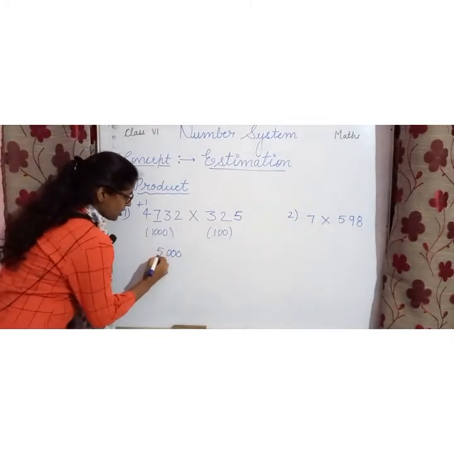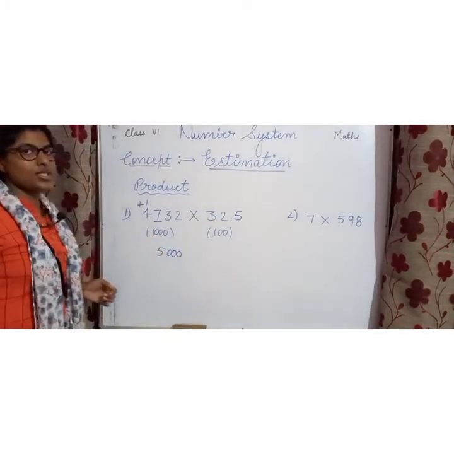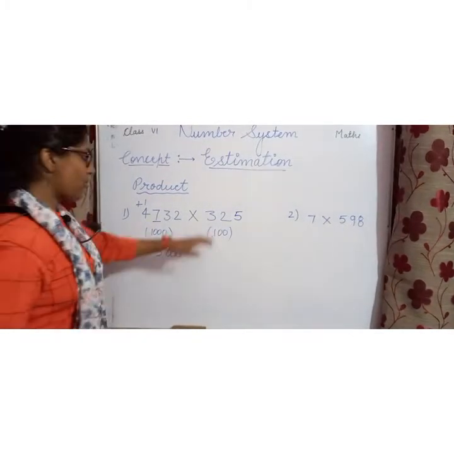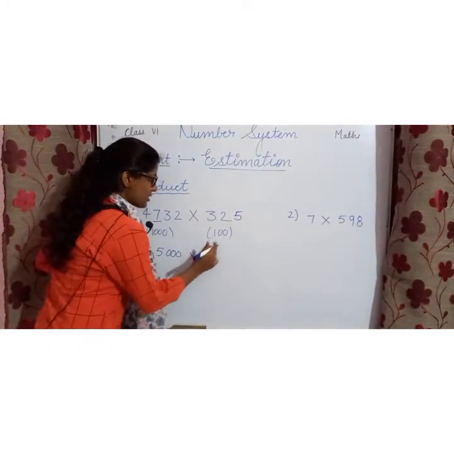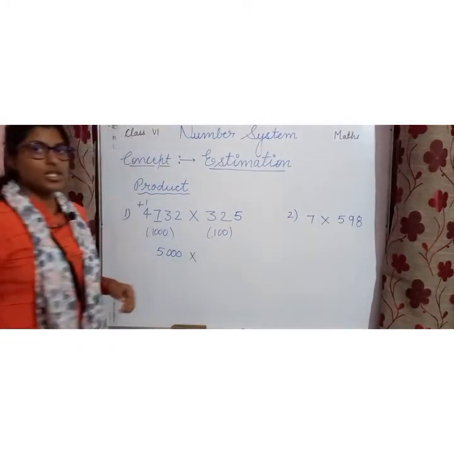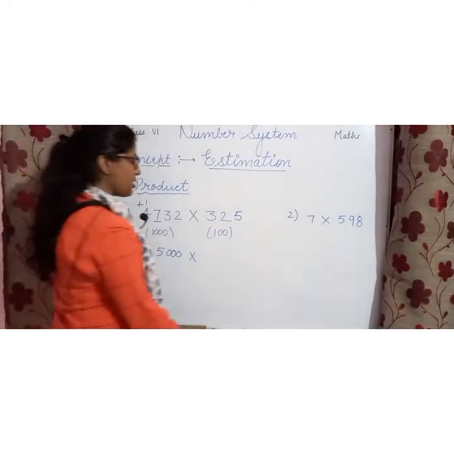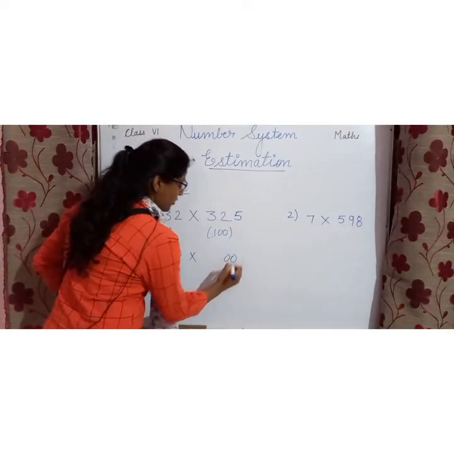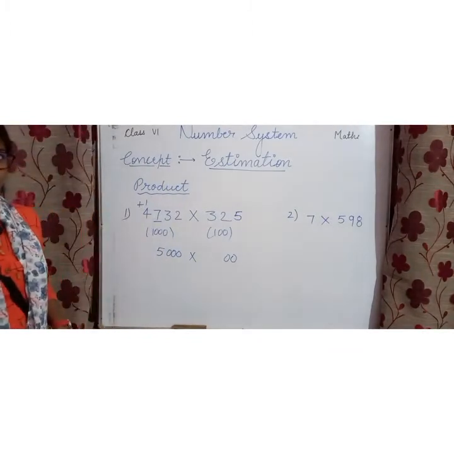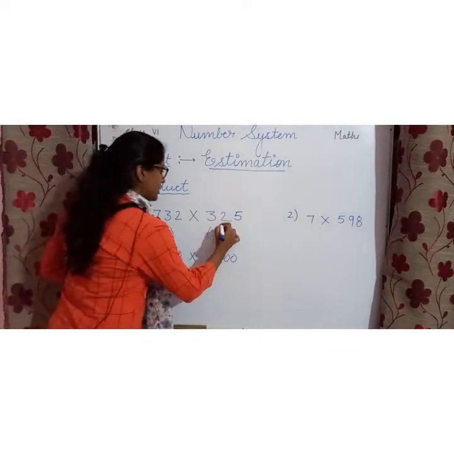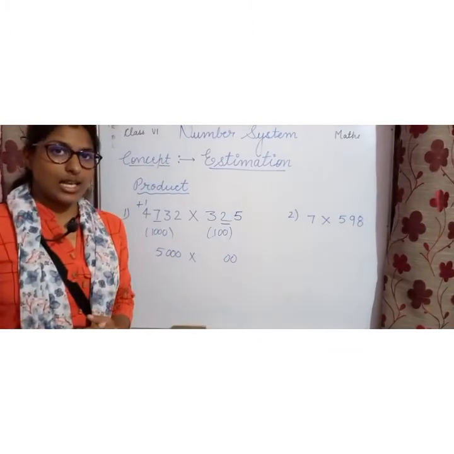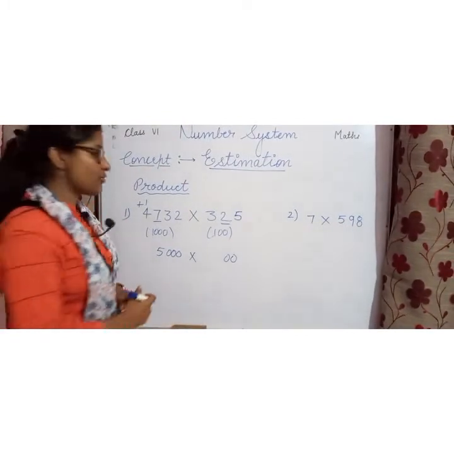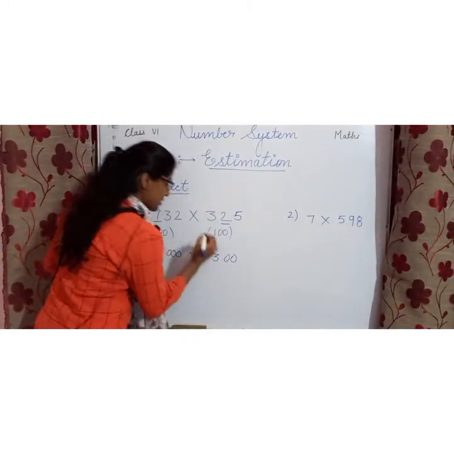So 5000 is the rounded off 4732. Now the next number is rounded off to the nearest 100. We put zeros at the ones and tens place. Now we check the tens place: if the number is lesser than 5, we will not make any changes. So 3 comes as it is.